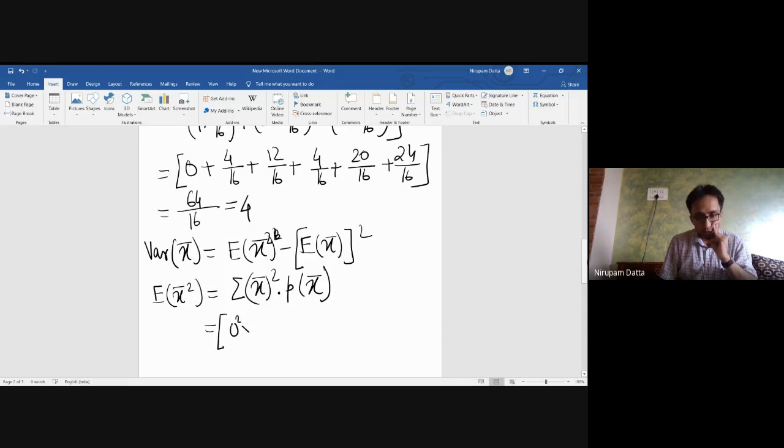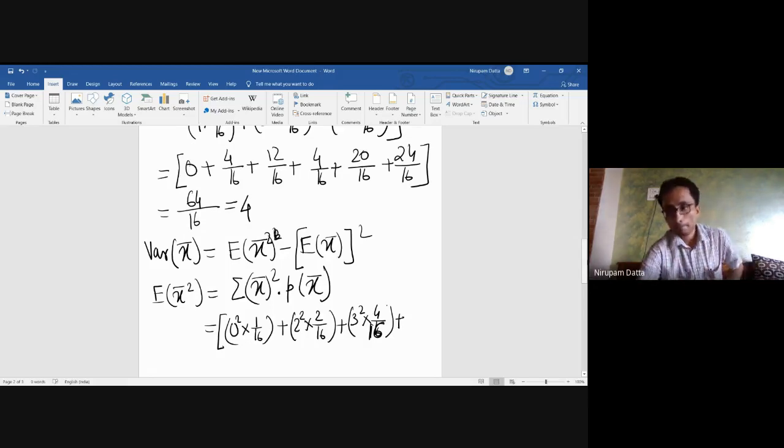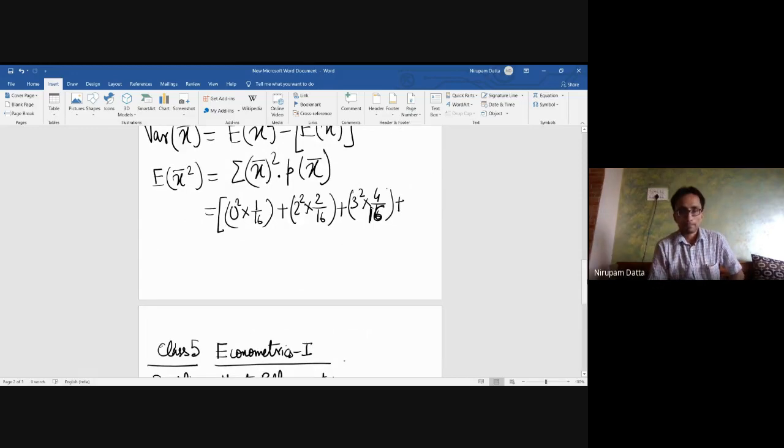So 0 square into 1 by 16, plus 2 square into 2 by 16, plus 3 square into 4 by 16, plus 4 square into 1 by 16, plus 5 square into 4 by 16, plus 6 square into 4 by 16.